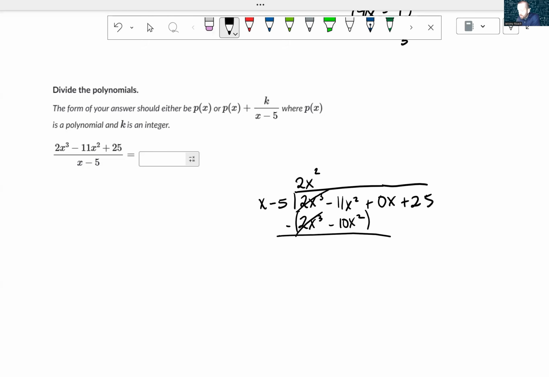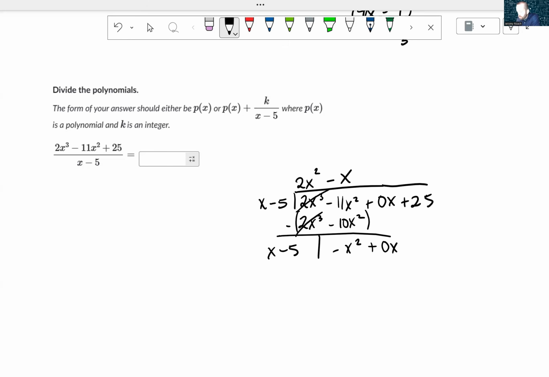Subtract those out. This is 0x cubed, and we're left with -10x squared, and this becomes -x squared. And then we bring down the 0x, and this is x minus 5. Now, -x squared, that should be -x.